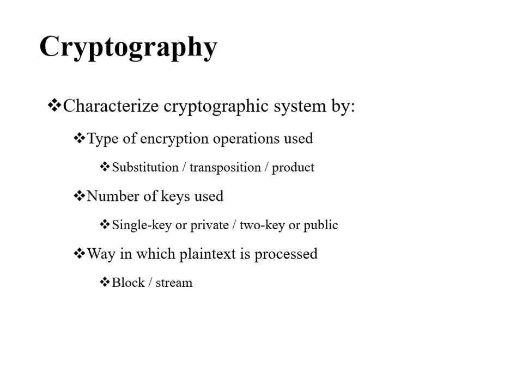Next is the number of keys used. If both sender and receiver use the same key, the system is referred to as symmetric, or we say single key, secret key, or conventional encryption.